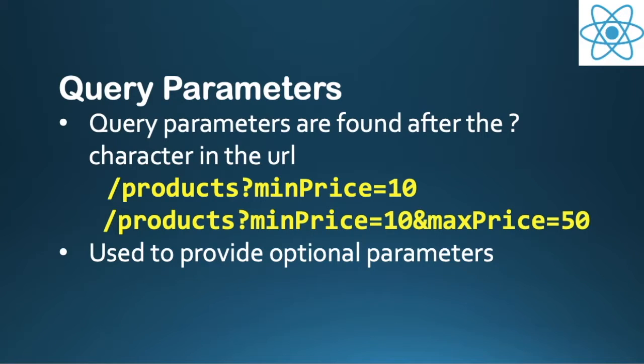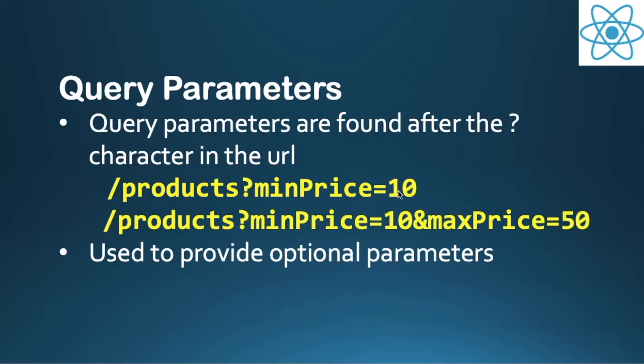So the next concept is query parameters. In the previous video, we had learned about route parameters, which provide dynamic parameters. Query parameters are another way to provide dynamic parameters, and they are found after the question mark in the URL. So here in this URL, we have slash products question mark min price is equal to 10.